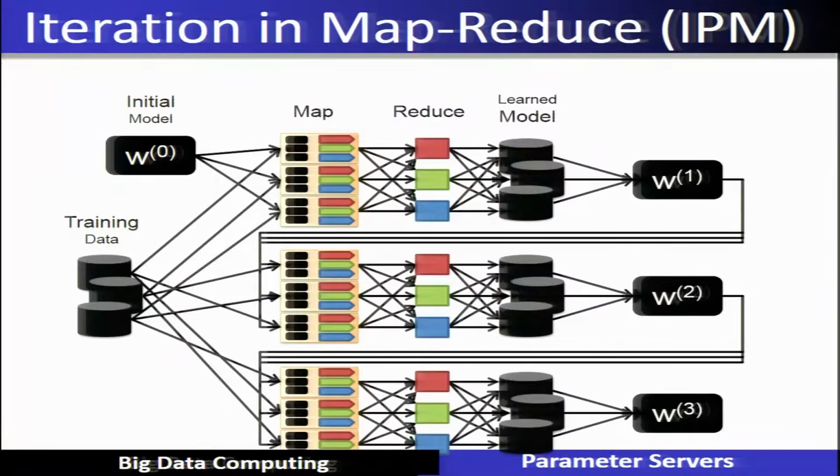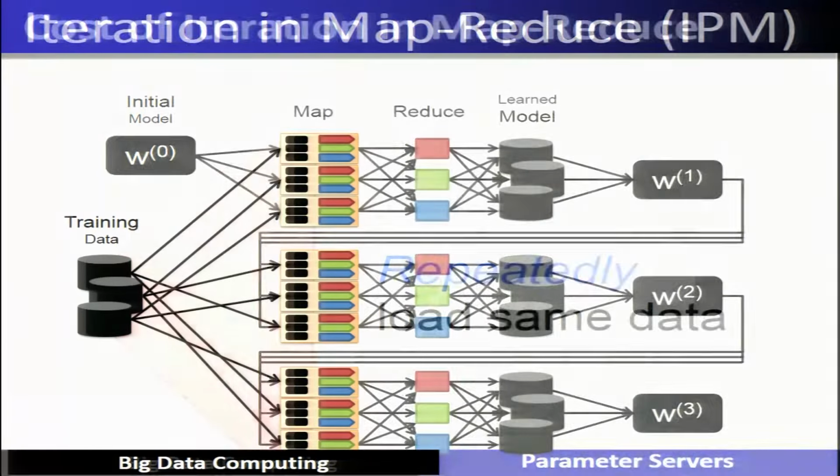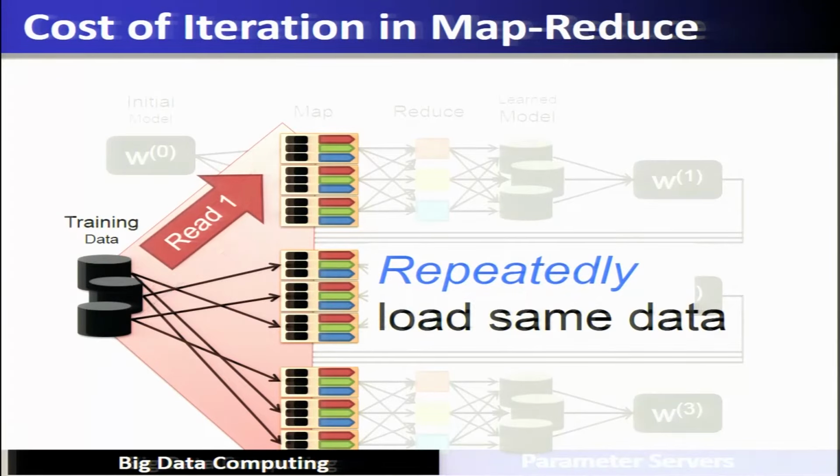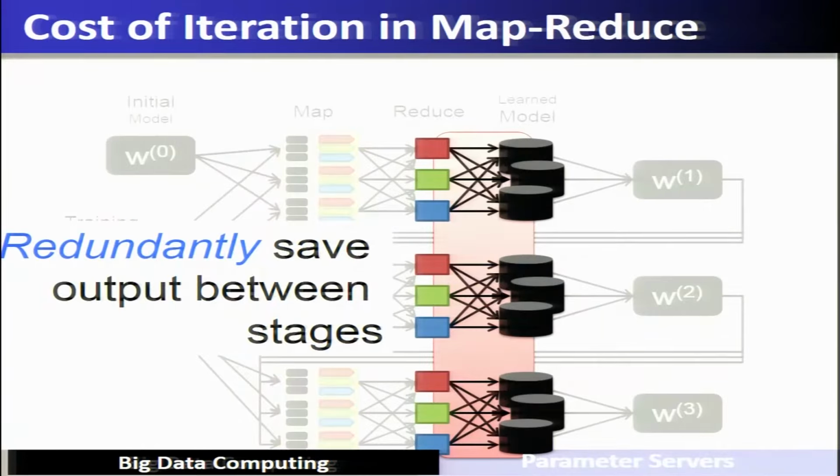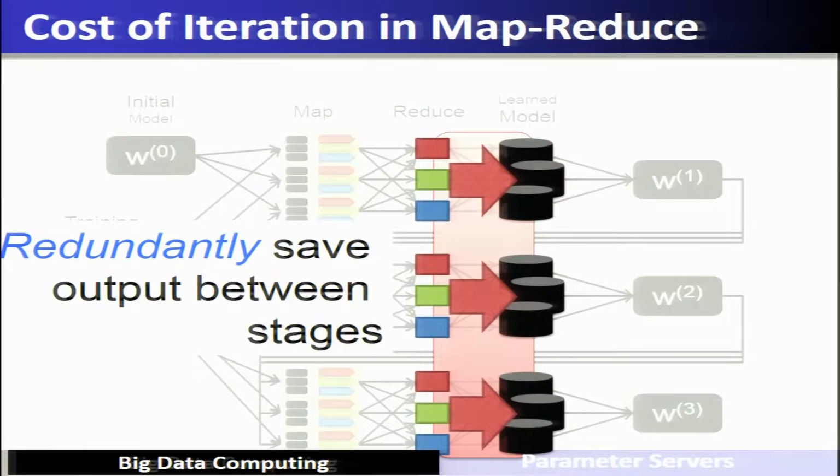Iterations in MapReduce are often required to implement scalable machine learning, and this requires the training data to be provided to the different map phases, read into different splits or shards, and then the output is redundantly saved between these stages in the MapReduce function, and therefore increases the cost of these iterations of MapReduce.